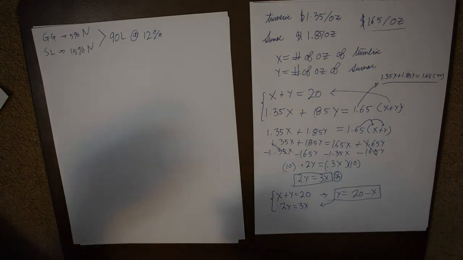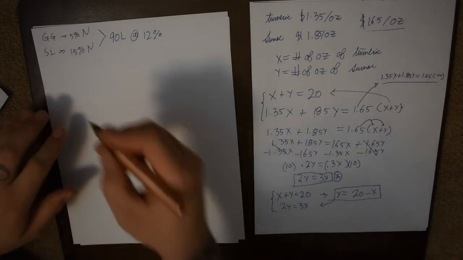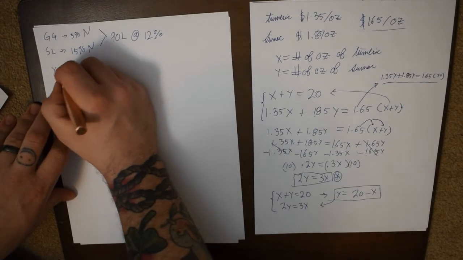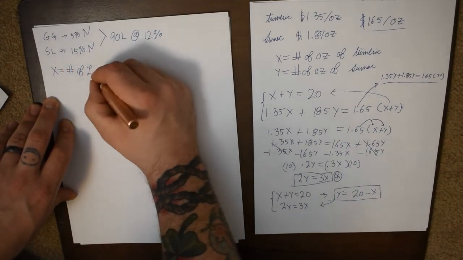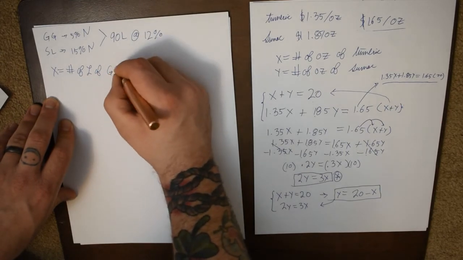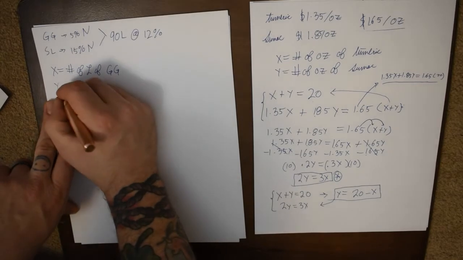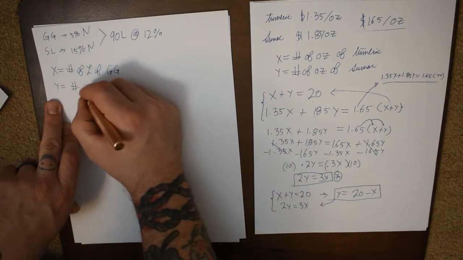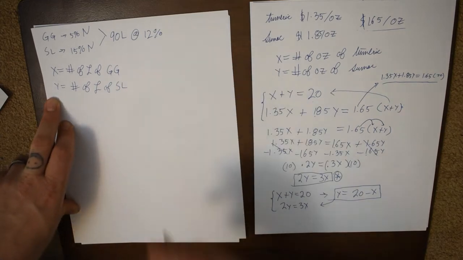So, we want to come up with a statement about total volume and a statement about concentration. We need to declare some variables first. Let X be equal to the number of liters of Gently Green, and let Y be equal to the number of liters of Sun Lover.